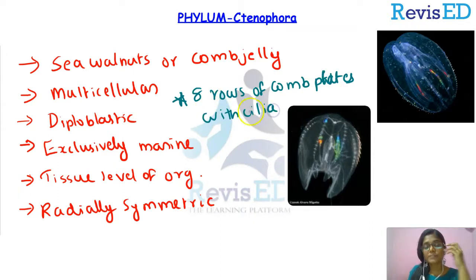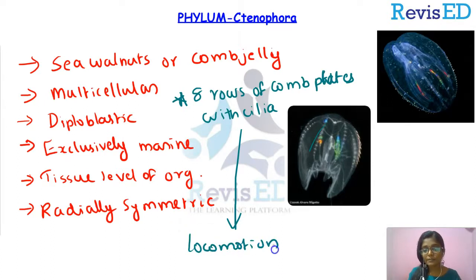So, what is the function of cilia? Yeah, cilia help in locomotion. Here these structures are provided with cilia, so what will be the function of this structure? Yeah, they serve in locomotion. So, in Ctenophora, these eight rows of comb plates help in locomotion.